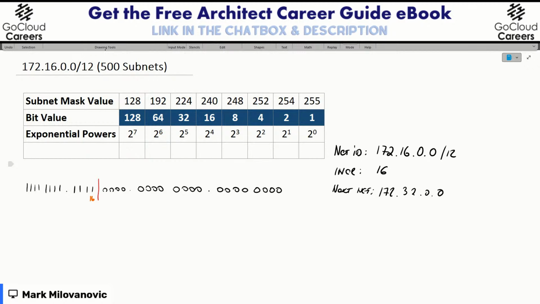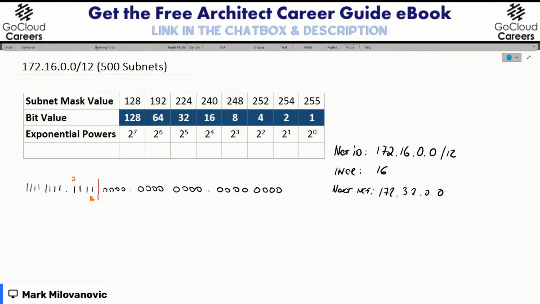Now the question is, and this is where something new comes in, the math doesn't change, but how we do it is going to be new: how do we get to 500 subnets? Because right now, if I was to count how many subnets I'm capable of having, with an increment of 16, and again, networks are counted from left to right because of the ones that we see, I'm going to look at the octet where my last one is and only consider them.